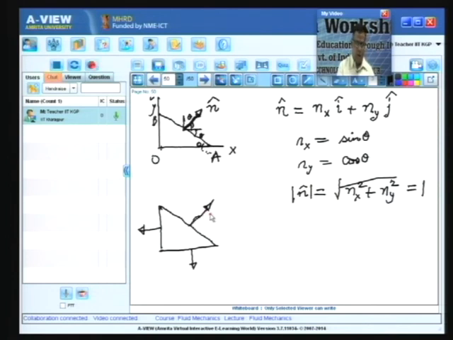So, this is sigma_yy, this is sigma_xx, and this we can call sigma_nn. And let us say the gravity vector is in this direction.